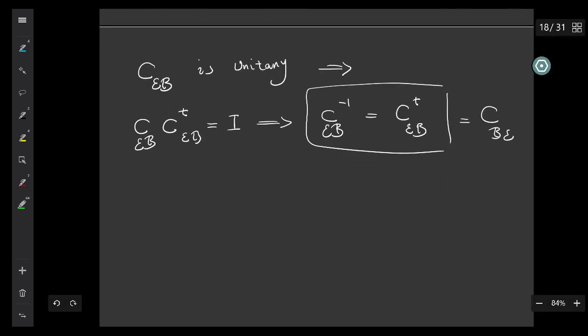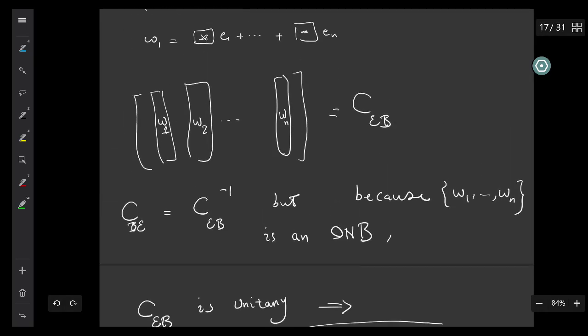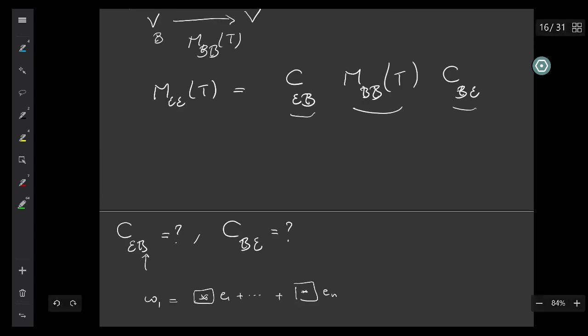Okay, that's very nice. So we have to calculate this thing. So this is equal to CEB, which is the matrix of W1 through Wn.